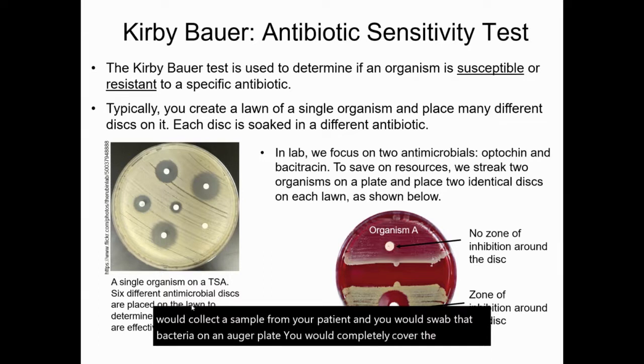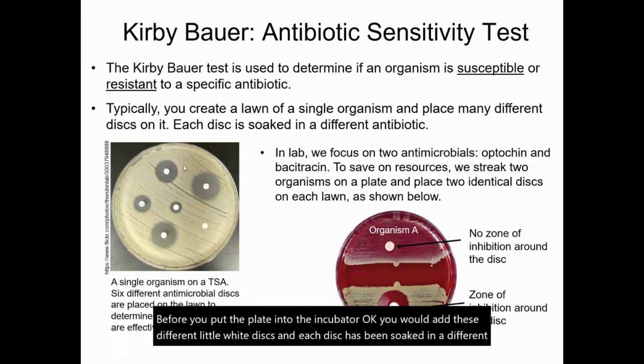And so this is called making a lawn, L-A-W-N, making a lawn of bacteria because you're completely covering the agar plate with bacteria. Now, before you put the plate into the incubator, okay, you would add these different little white discs, and each disc has been soaked in a different antibiotic.